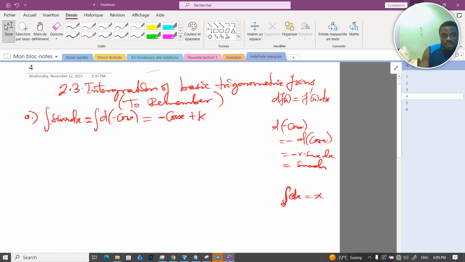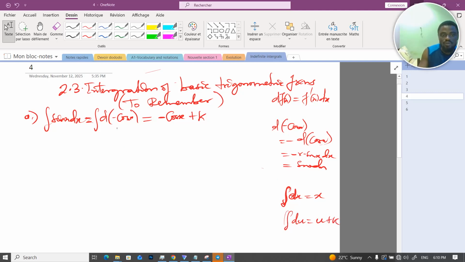So for the integral of sine x, we know that we differentiate minus cos x to have sine x, so I write sine x dx as the integral of d of minus cos x, because if I differentiate this, I go back to this. Now, remember that the integral of du is simply equal to u plus the constant k.